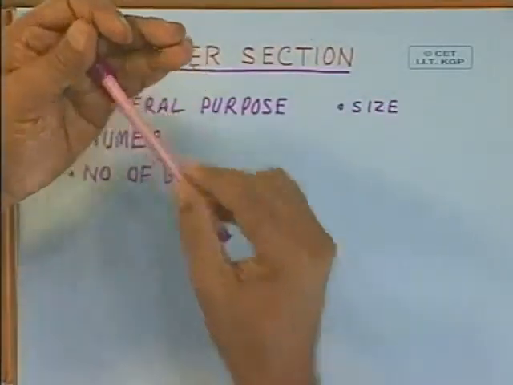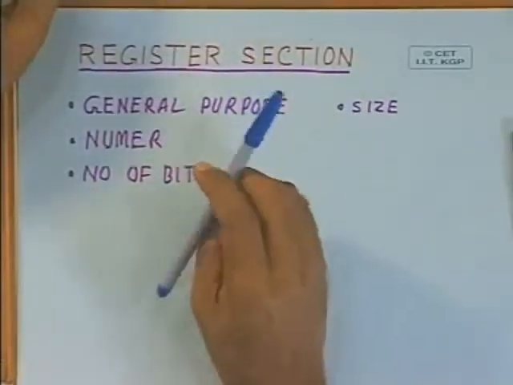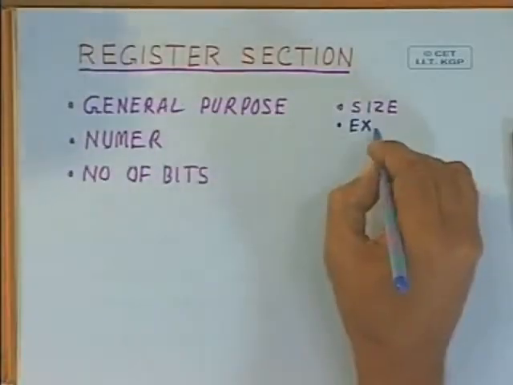That means to implement, to realize a particular task, how many instructions you will require. That will be decided by the number of general purpose registers available to you, because you will see that intermediate results need not be transferred to the main memory. As a consequence, more the number of general purpose registers available to you, it will be possible to write a program with smaller number of instructions, and also the execution time will be decided by the number of general purpose registers.